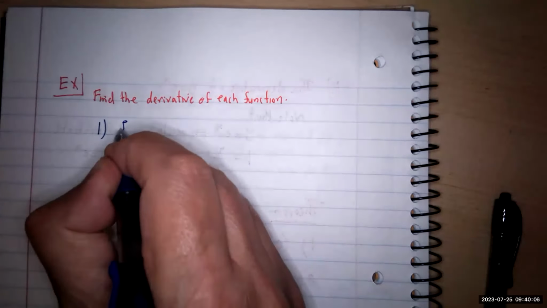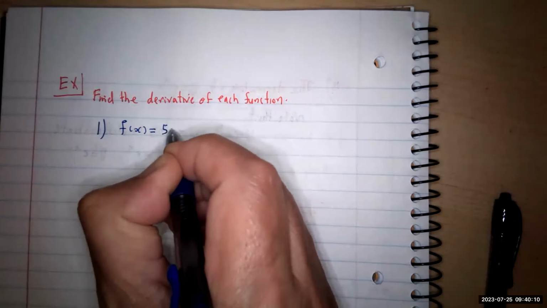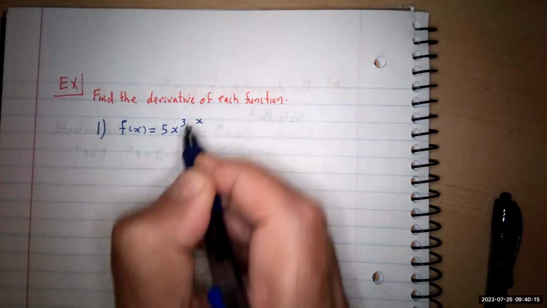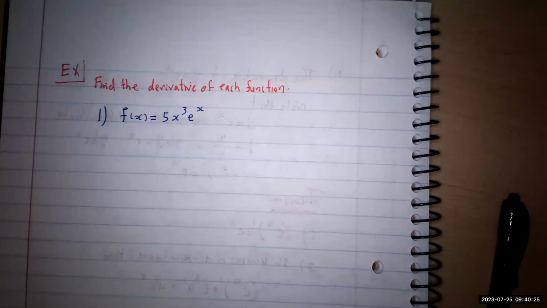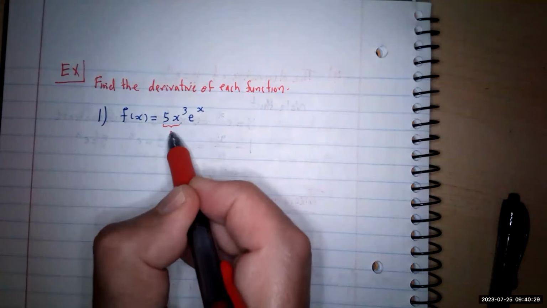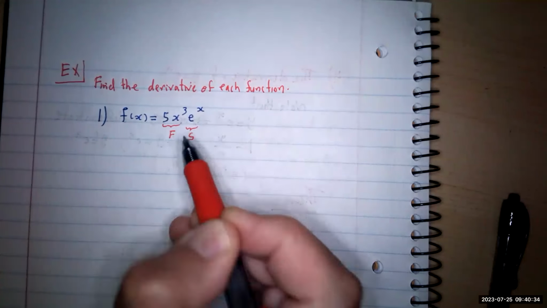f of x equals 5x cubed times e to the x. Okay, this is the product of 2 functions. The first function is this one. The second function is the exponential function.